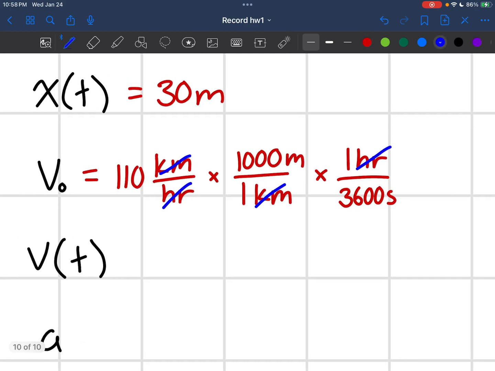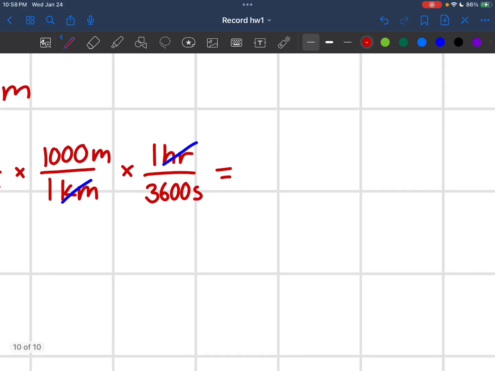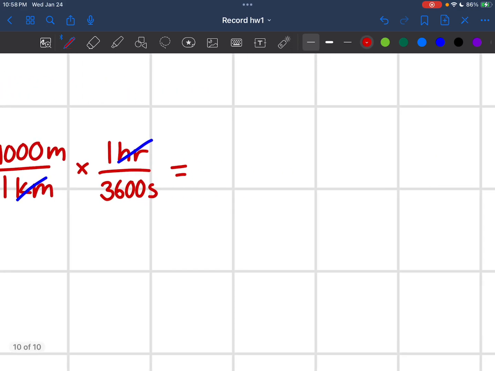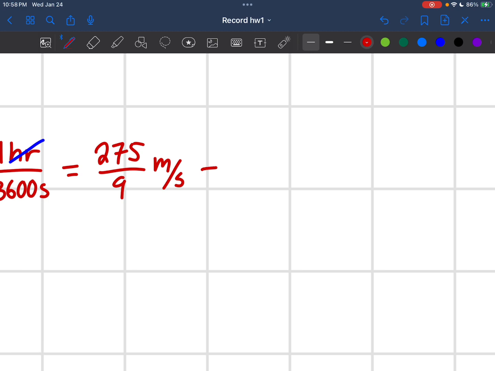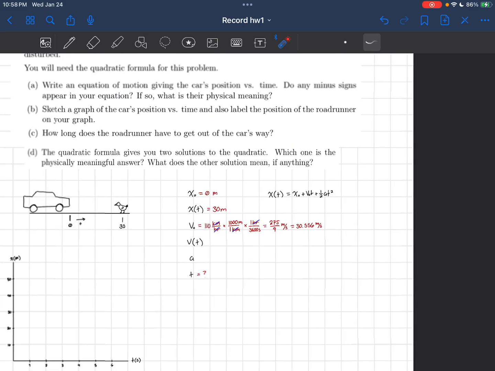Hours cancels, and then when I multiply through, I get 275 over 9 meters per second, or for those of us that don't like fractions, 30.556 meters per second.